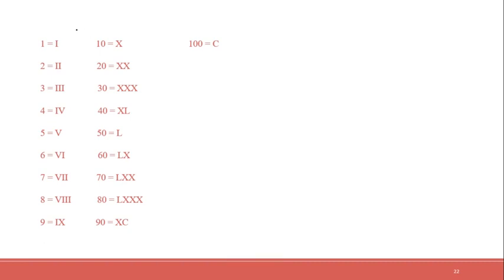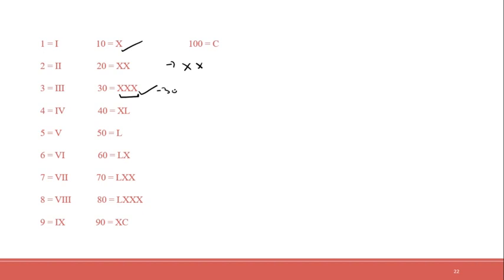Here is a table. Although I have taught all these things to you, let me explain 2-3 things here. From 1 to 10, we know everything, how to write, right? 1, 2, 3, then 4, a 5 minus 1, then 6, 5 plus 1, and so on. 20, I told you 10 plus 10. 30, we can repeat any symbol up to only 3 times.